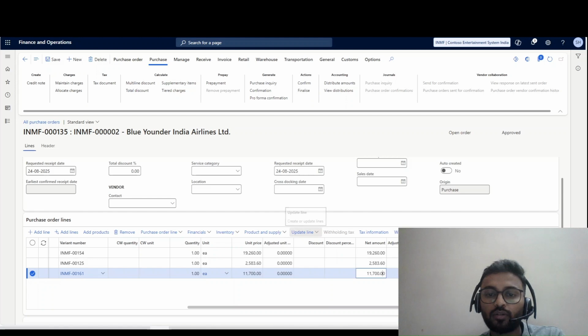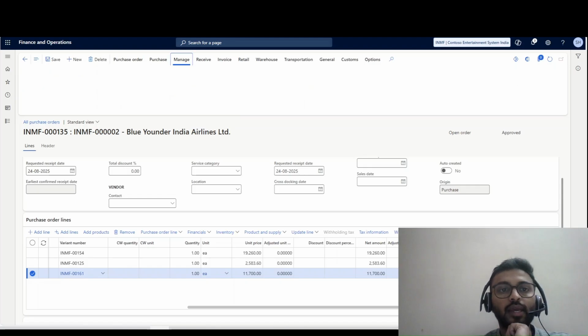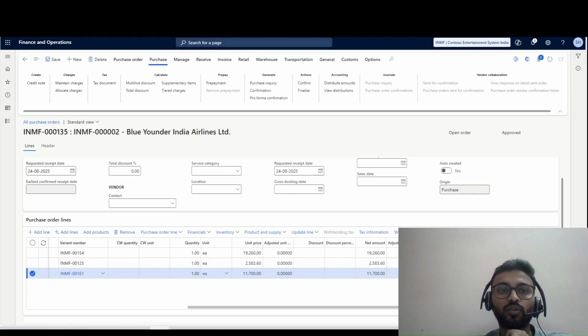So that's how we can manually add charges into the system. Now what I will do, I'm confirming this purchase order.